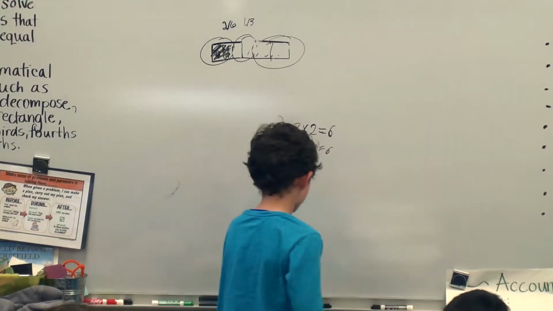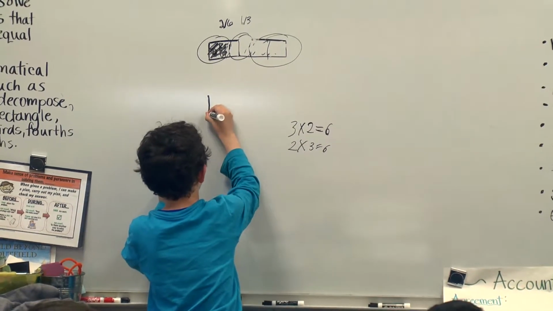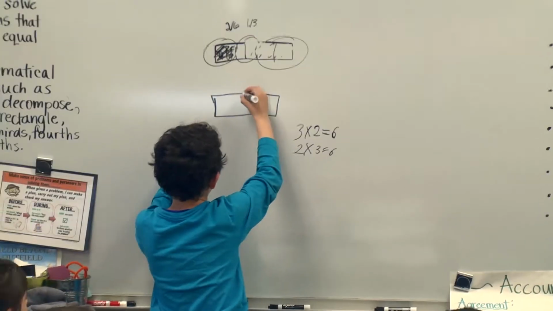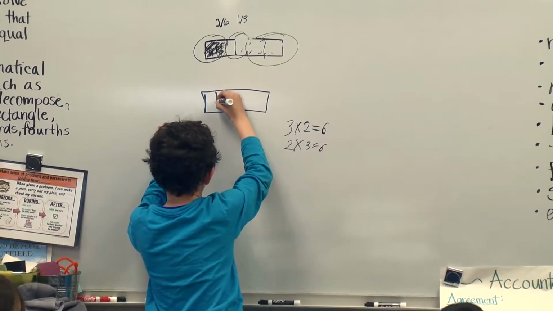So basically, you're just going to draw 6.